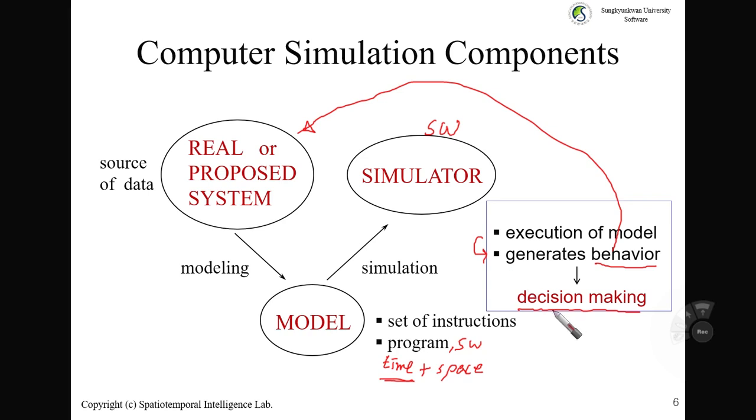The immediate purpose of computer simulation is to build simulation models that replicate and predict the behavior. But once we obtain the behavior, ultimately it is used to make certain decisions.